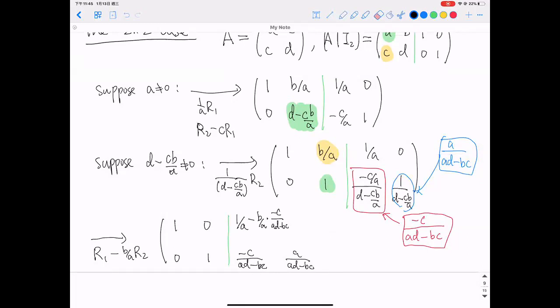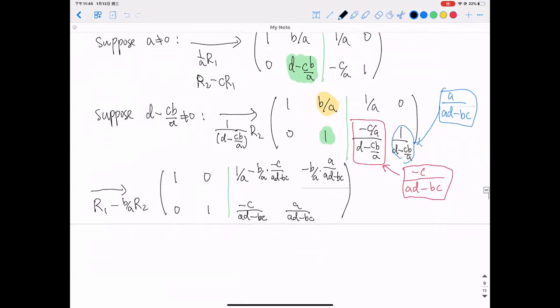And down here, you have negative B over A times this other guy, 1 over A, AD minus BC.